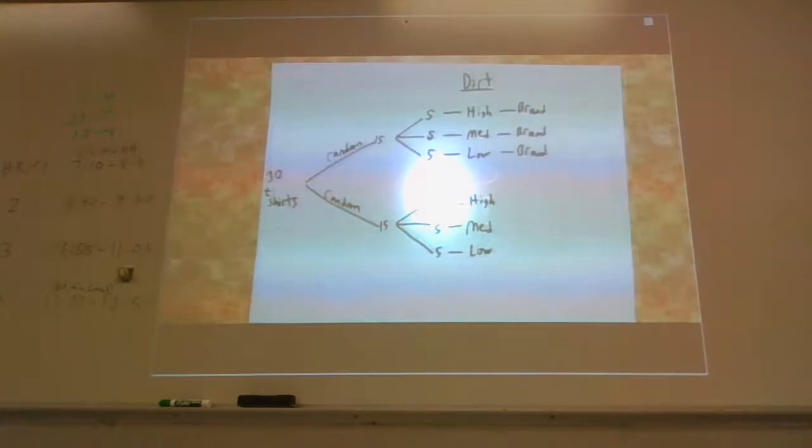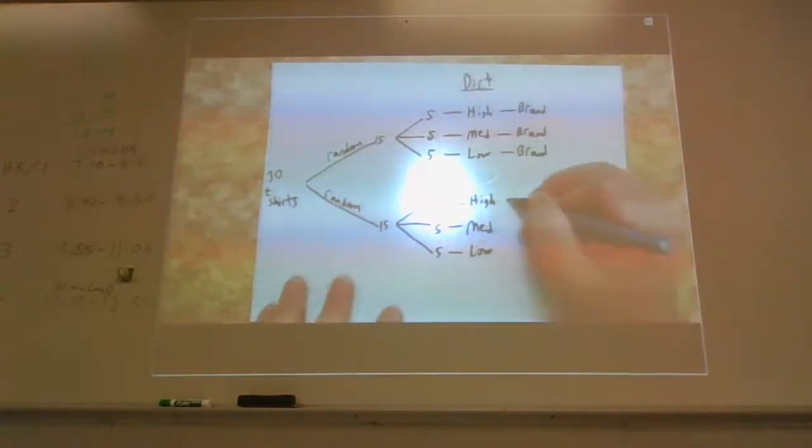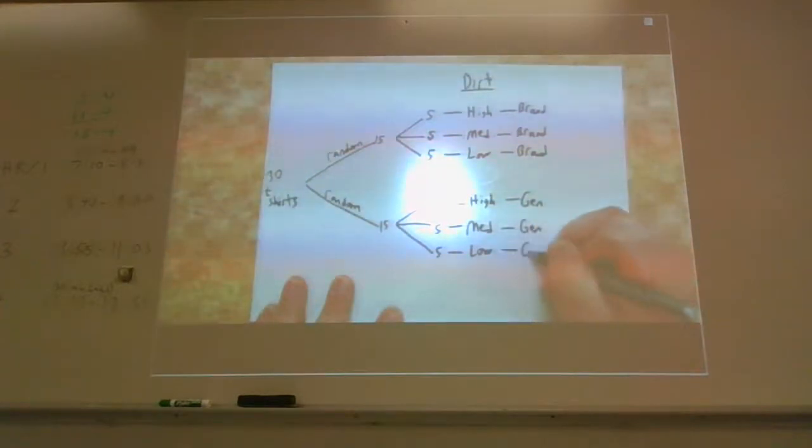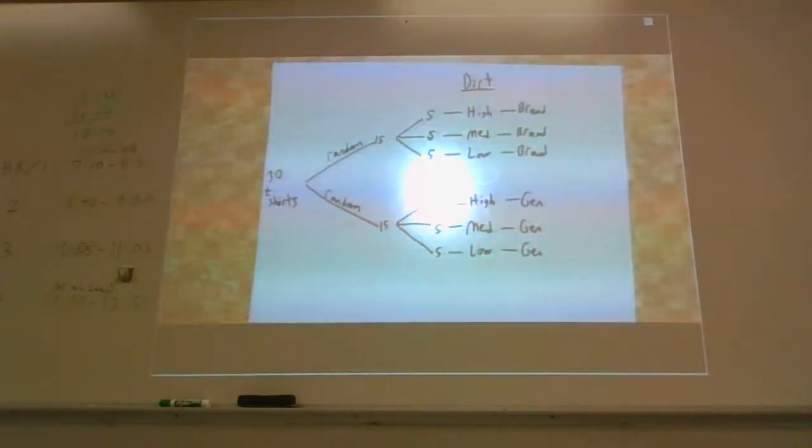Same thing for the generic brand. I'm going to run them through separately. What would be ideal, which I don't think is really cost effective, is if I got 6 different washing machines, 3 brand names and 3 generic.